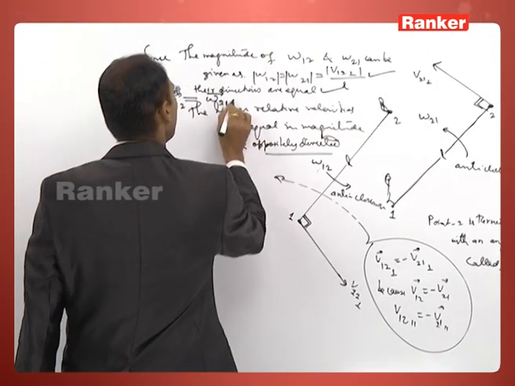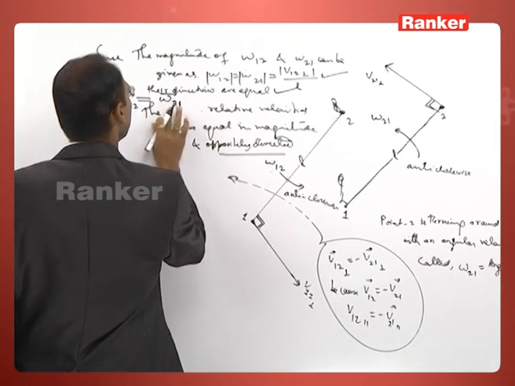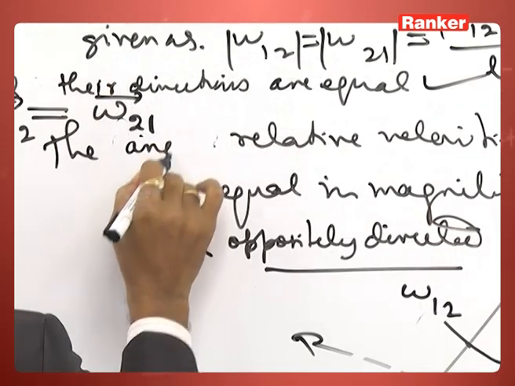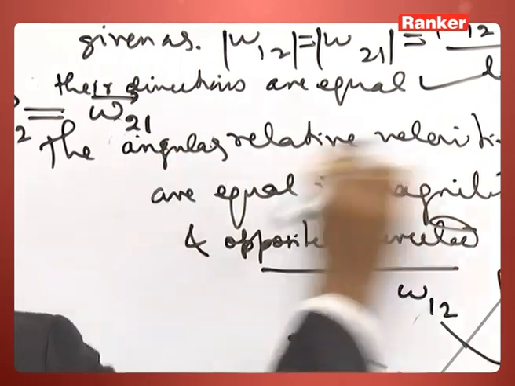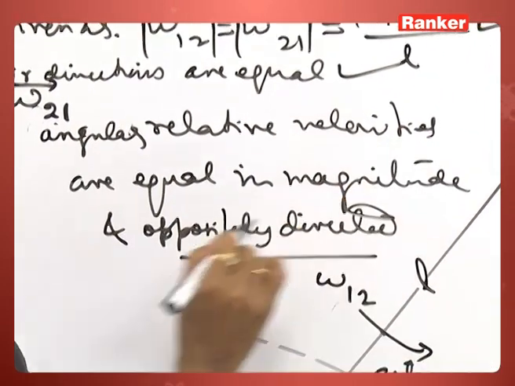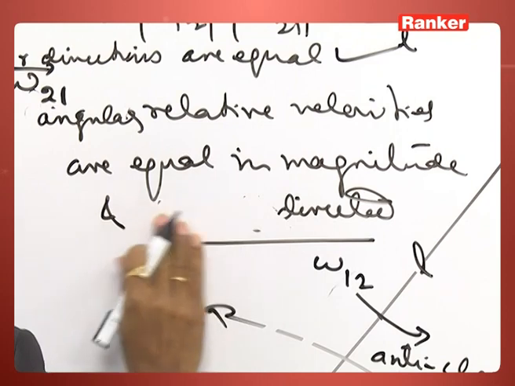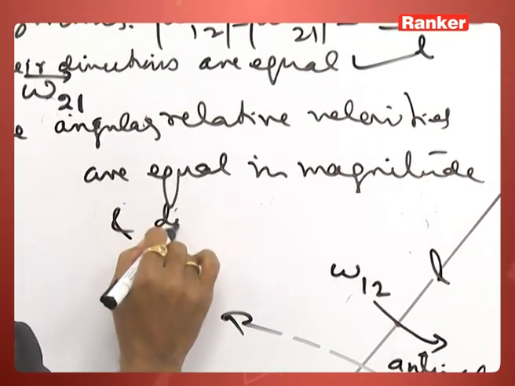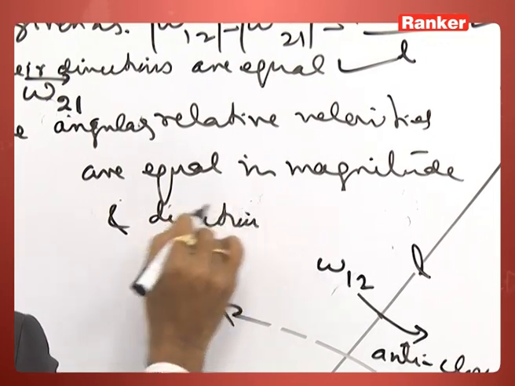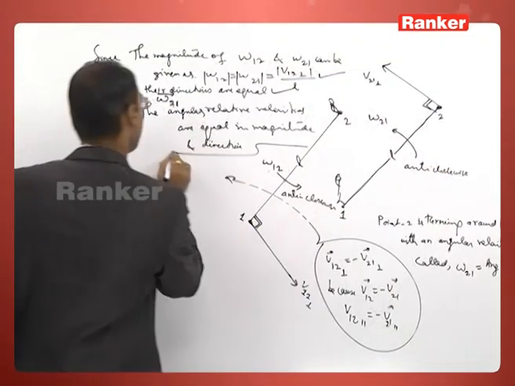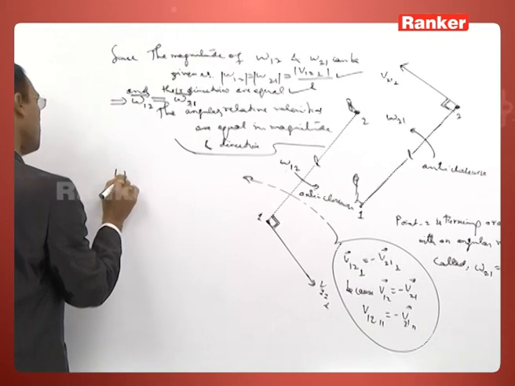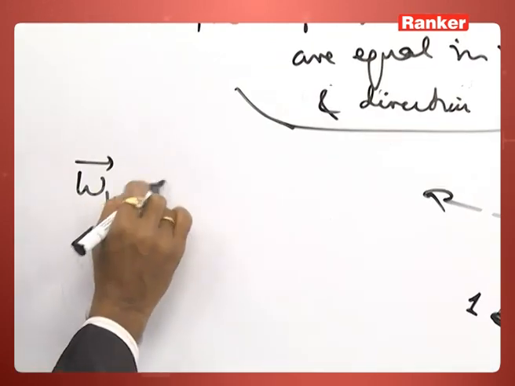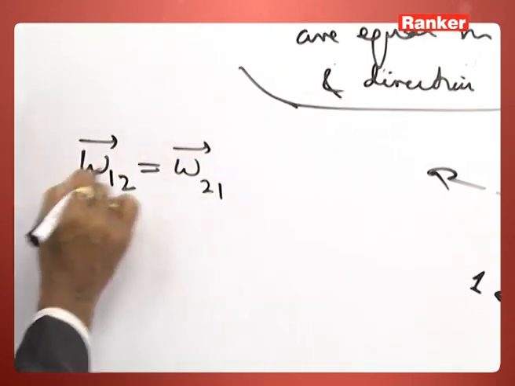The relative angular velocities are equal in magnitude and equal in direction. That's the great idea. Omega 12 is exactly equal to omega 21 both magnitude wise and direction wise.